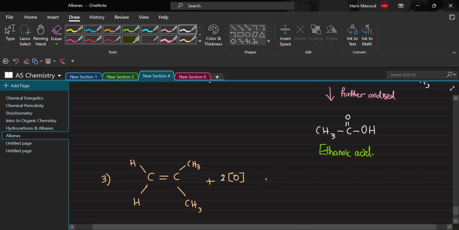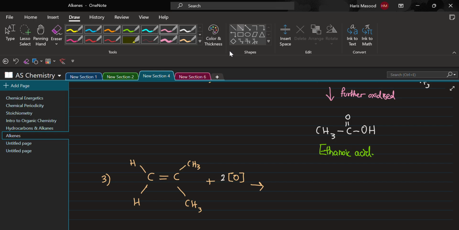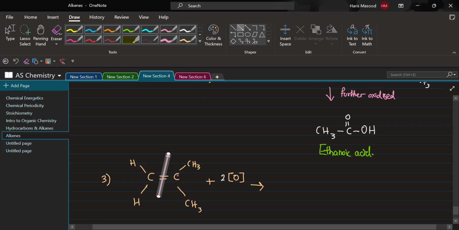So what happens is that this breaks down, again this bond will be broken, but this time this CH2 will be converted into carbon dioxide and water. And the other one will be oxidized according to our previous two conditions.